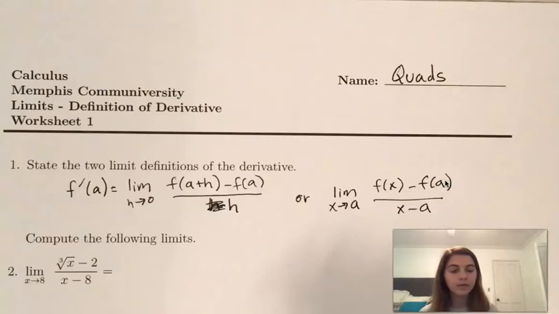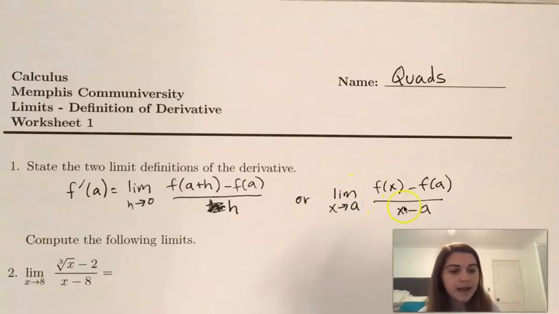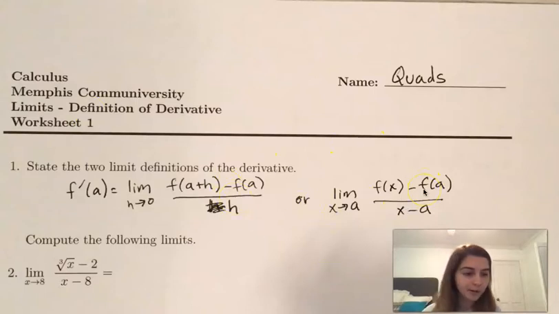So the a would then be the x coordinate, and the f of a would be the y coordinate for that point. So this x is approaching a, so it's getting really close to a, and that's how it becomes the slope of the tangent line at point a. H way is also slope, a little more complicated to understand.